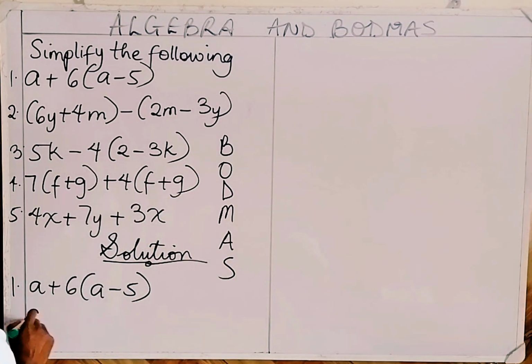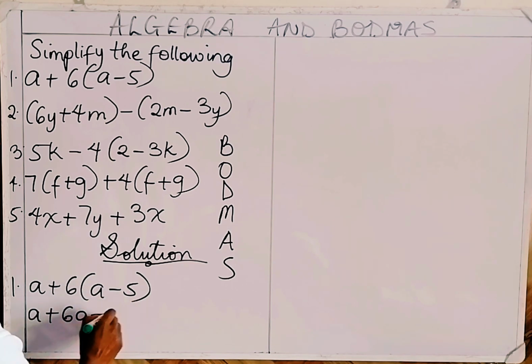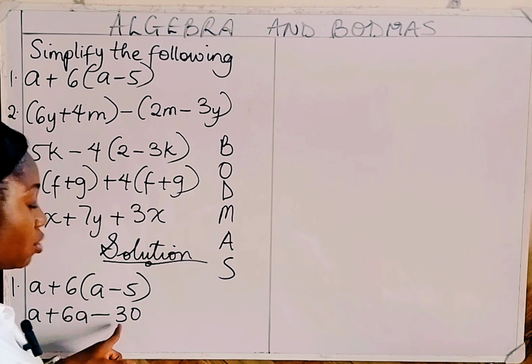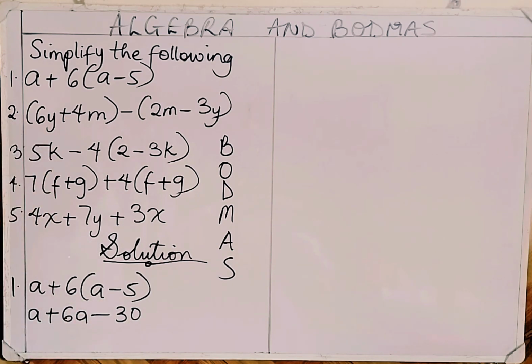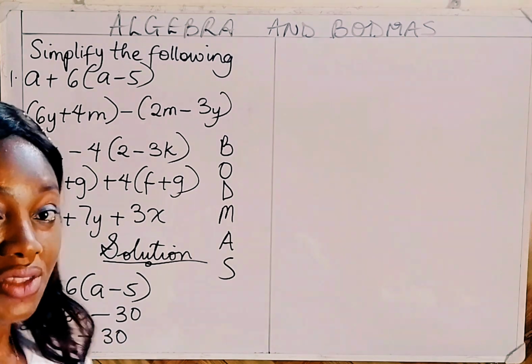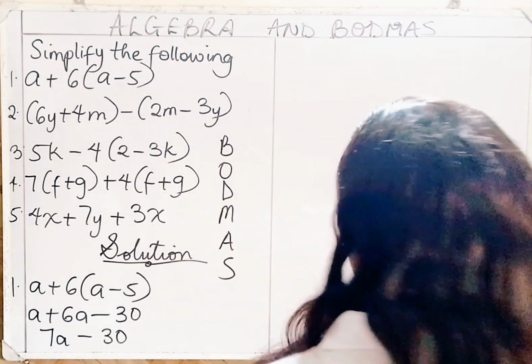And this becomes a plus 6a plus 6 minus 5 gives us what? Minus 30, because plus times minus equals minus. And then when we finish adding the like terms together, that will be 1 plus 6 gives us what? 7a minus 30. And there you have the answer for the first question.